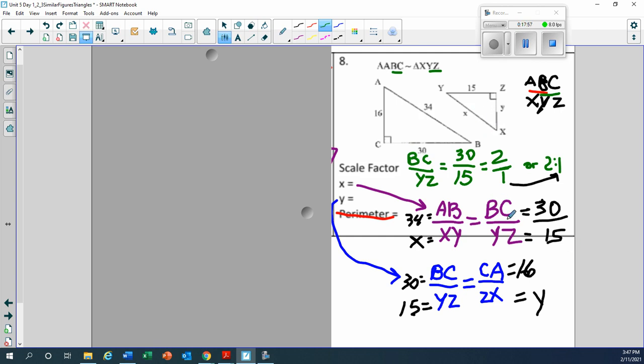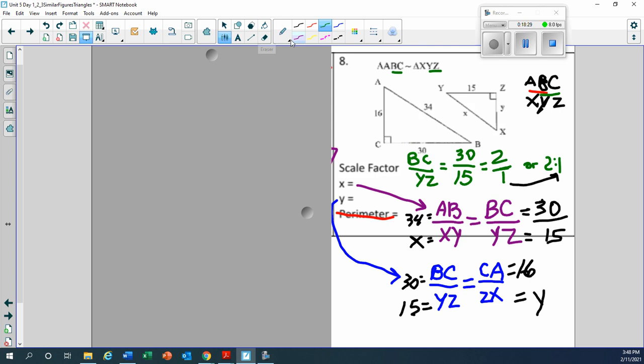Usually, we should have put the BC over YZ here, then the AB over XY. However, it's not going to matter in the end. I would prefer the scale factor first, but if you put it second, that's fine, because with alphabetical order, AB corresponds to XY, we'll put that first, set equal to BC corresponding to YZ. That's okay.